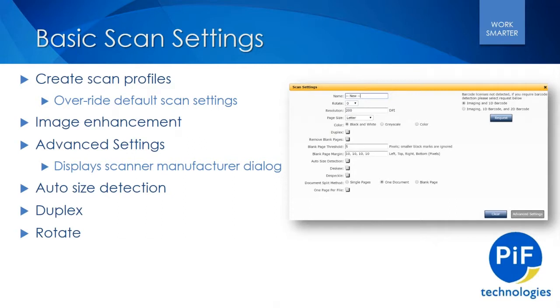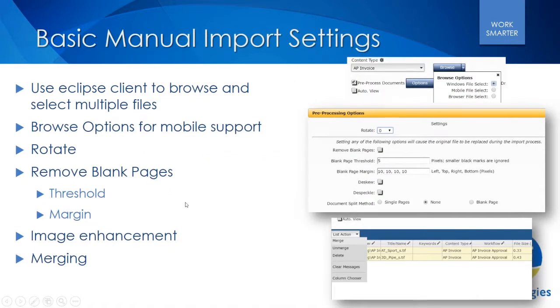All right, so when you get into the actual scan settings within the Eclipse interface, you'll see that you can override those client-side settings. You'll also be prompted with a number of other capabilities like image enhancement, deskewing, and despeckling.